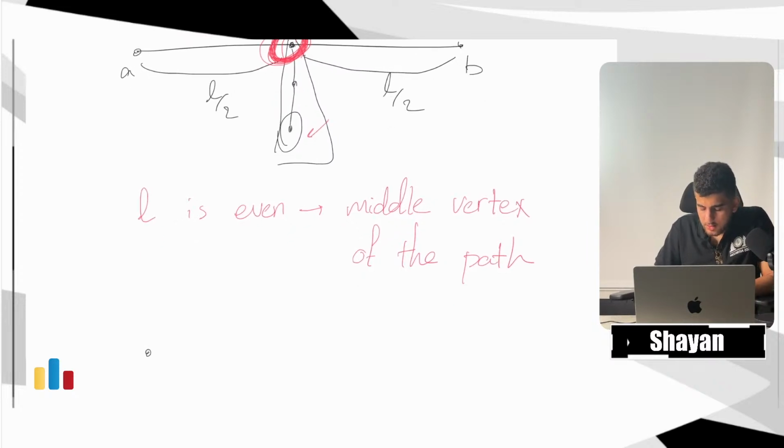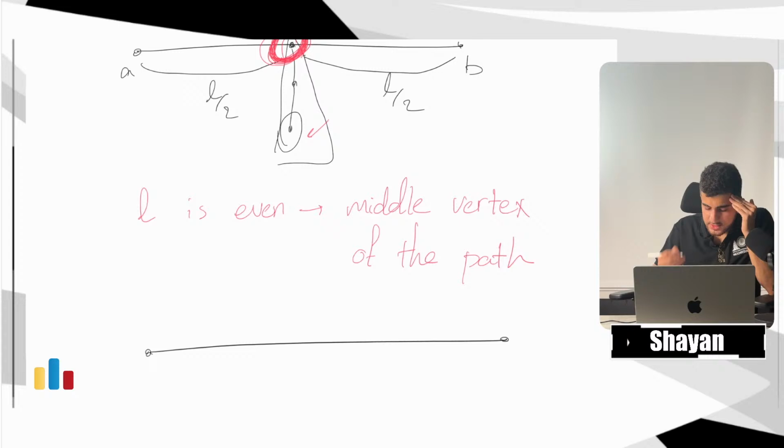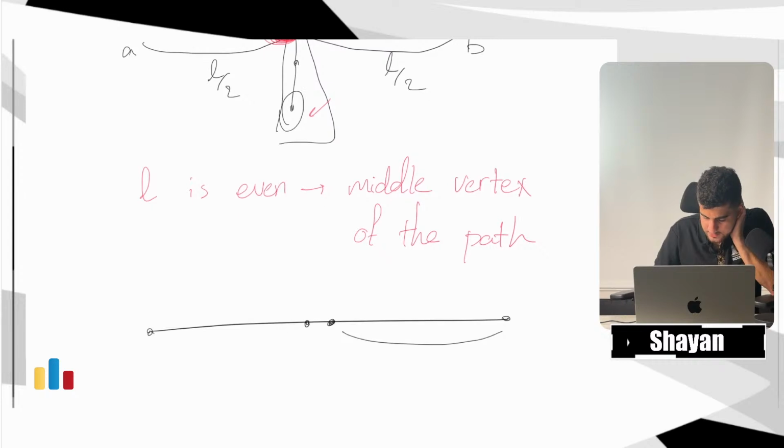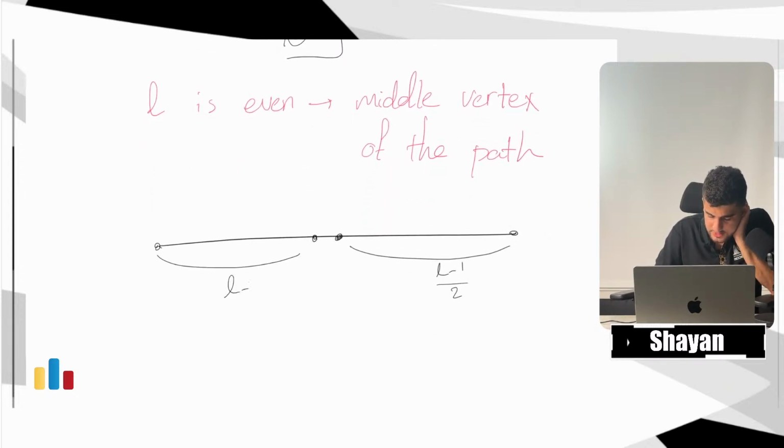Also, if L is odd, again Mitsuki is going to choose: we have two middle vertices, such that there are exactly L minus 1 half edges here, L minus 1 half edges here, and one edge in between.